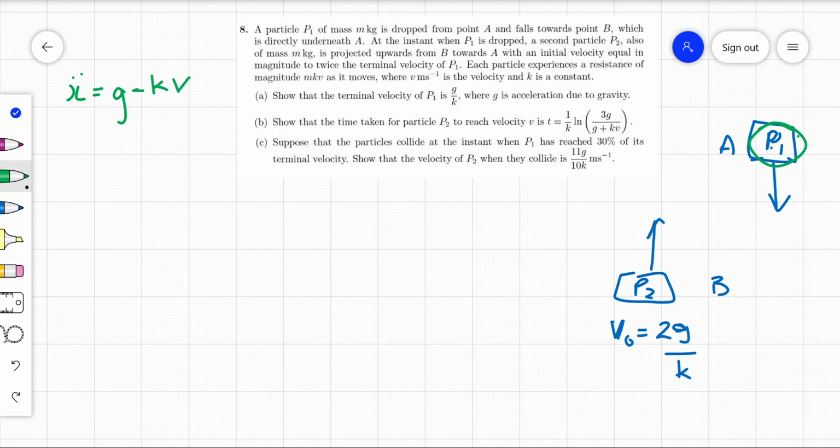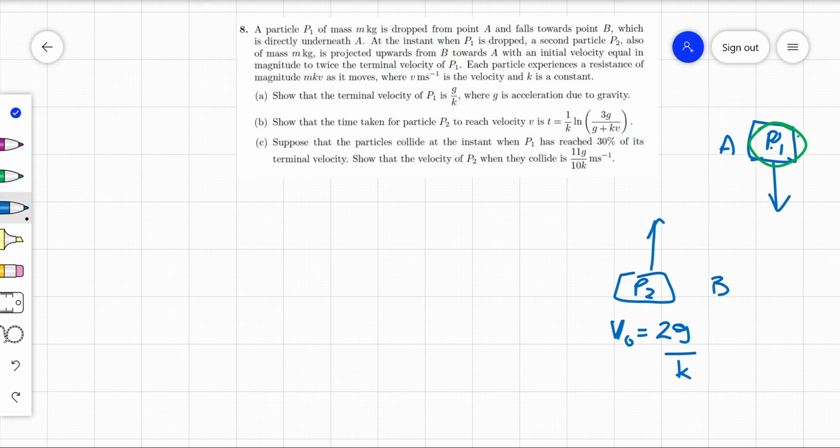Now it says show that the terminal velocity is that. Remember the terminal velocity occurs when the acceleration is 0, so let's make the acceleration 0 and we can see g will be kv, sorry, I should put vt there. So vt is going to be g on k, which is what we're looking for. That is the terminal velocity, all nice and fine.